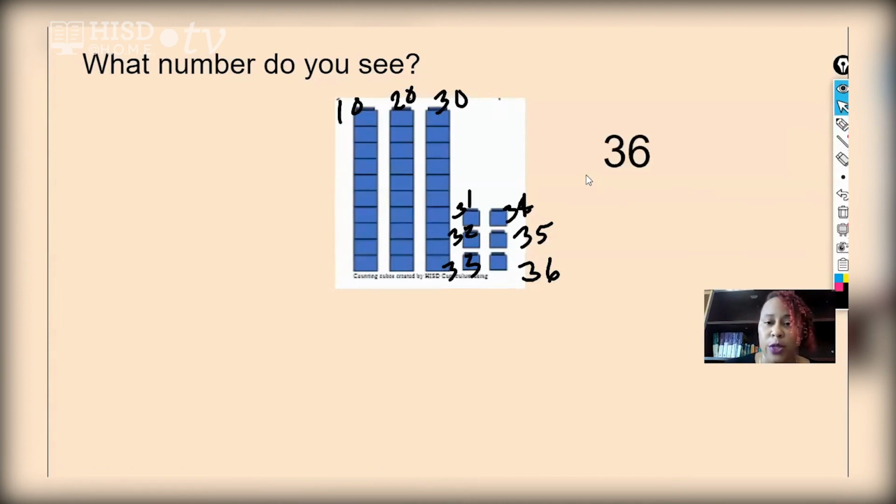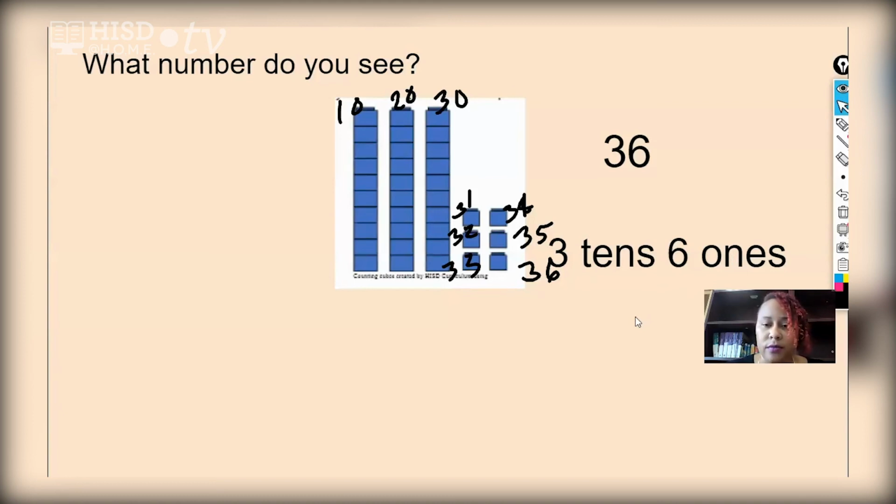Here we have the number 36. When we look at the value, how many tens did we have? And how many ones did we have to make this number? We use 3 tens and 6 ones to make the number 36.